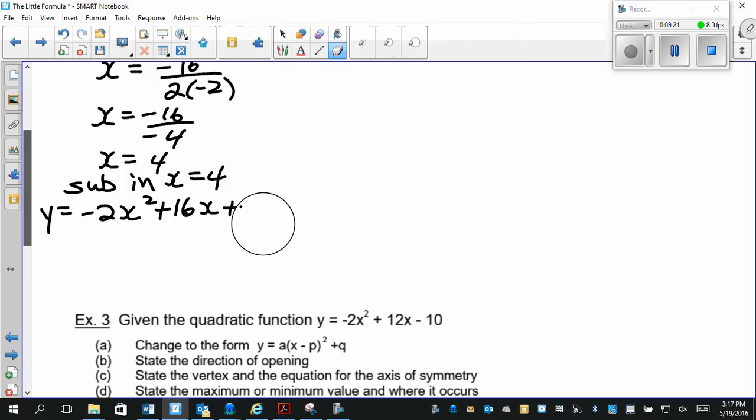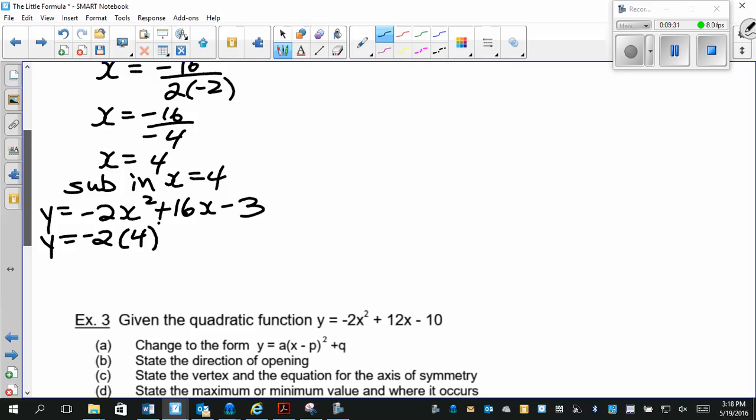All right, so now I'm going to sub x equals 4 in. It's going to be negative 2 times 4 squared, plus 16 times 4, minus 3. And when I calculate these, 4 squared is 16, times minus 2 is going to be minus 32. 16 times 4 will give us 64, and then we have minus 3 on the end.